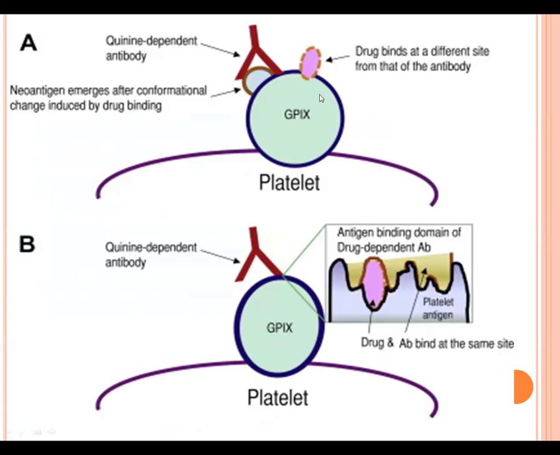These will form, and a new antigen emerges after the conformational changes induced by the drug binding. This is the drug binding site, and here are the antibodies. There is attachment of the antibody with the drug binding site, and the conformational changes will occur. That leads to platelet destruction.